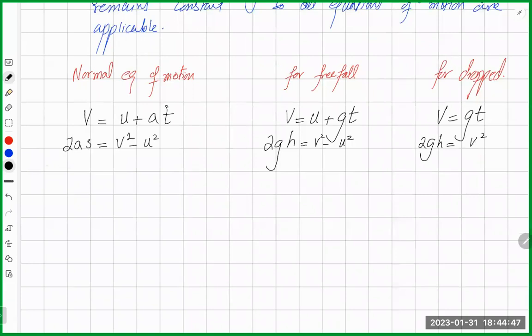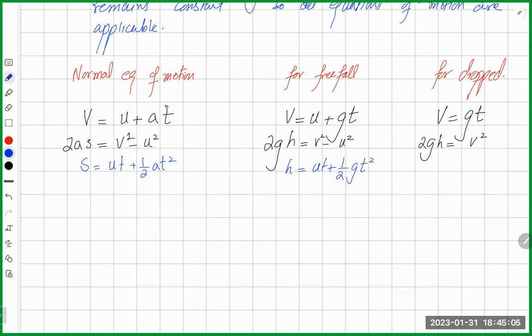Similarly, s equals ut plus 1 over 2 at square becomes h equals ut plus 1 over 2 gt square.